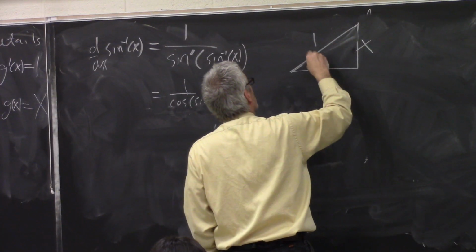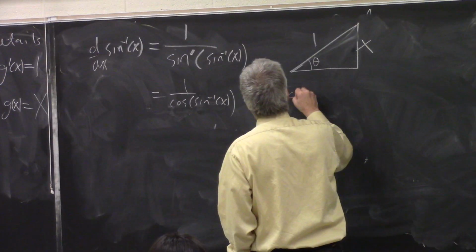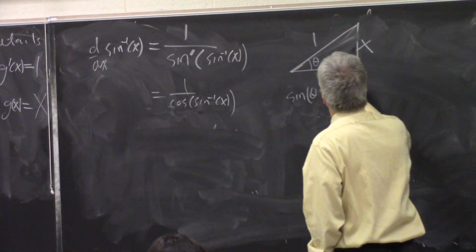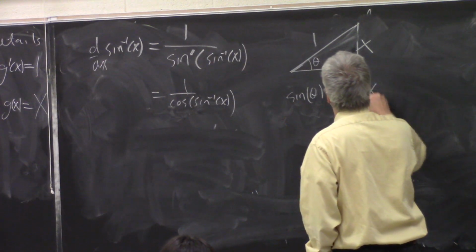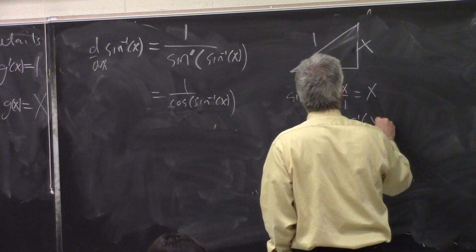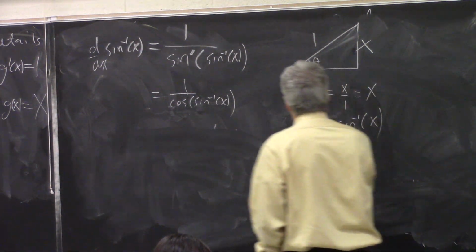So here's a picture of an angle whose sine is x. Sine of theta is opposite over hypotenuse, so it's going to be x over 1. So it's going to be x. So that means that theta is sine inverse of x. And we're supposed to find cosine of theta.